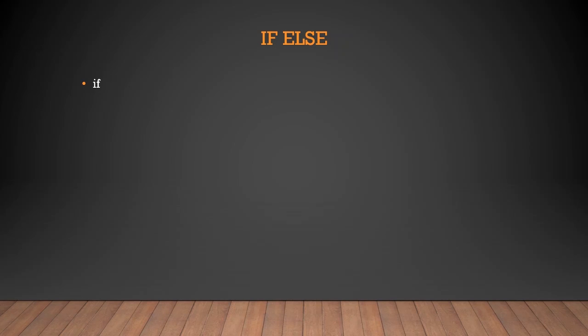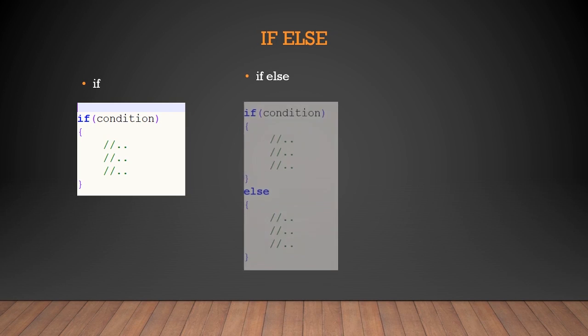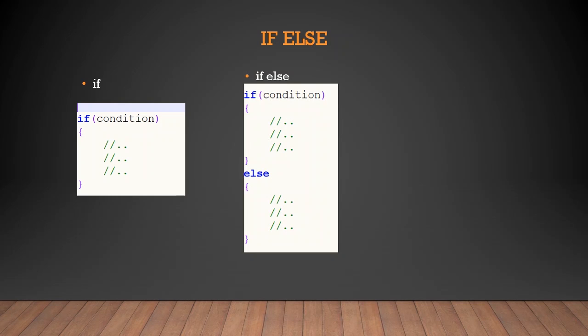There are three ways you can use if else. The first one is if. Here is an example where you have an if statement and then a condition. If that condition is true, the code segment written in the curly brackets after it will be executed. Then we have the if else statement. In this, if a condition is true, again the code block written between those two curly brackets will be executed.